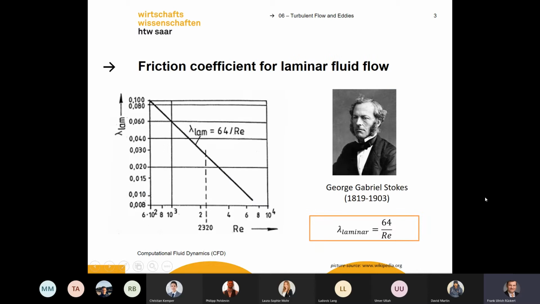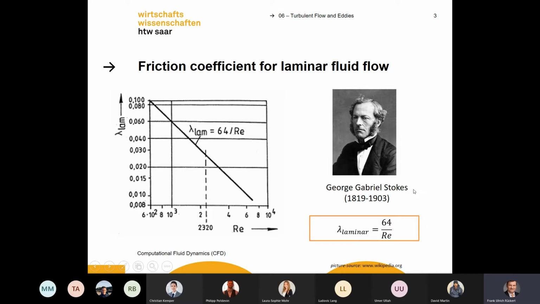First, let's have a look at this laminar region. This is the region lower than 2320, and we describe the fluid flow, the laminarity here, with the so-called lambda value, the friction coefficient.